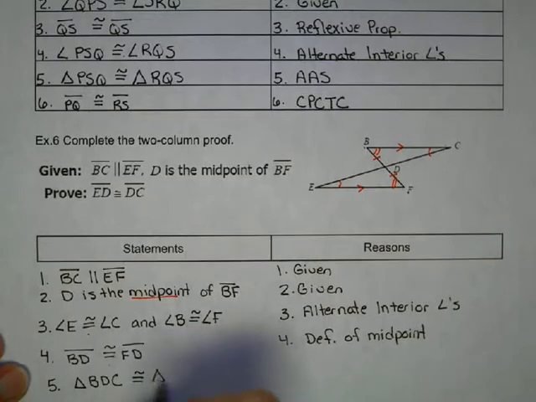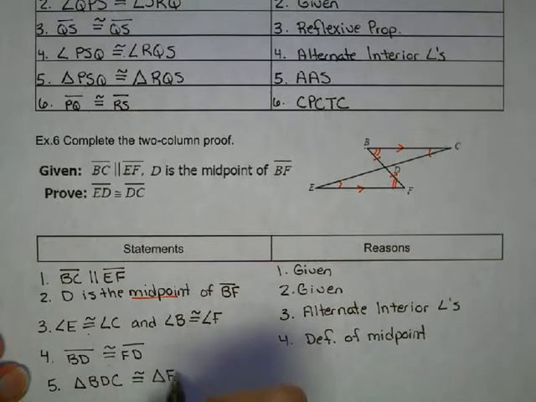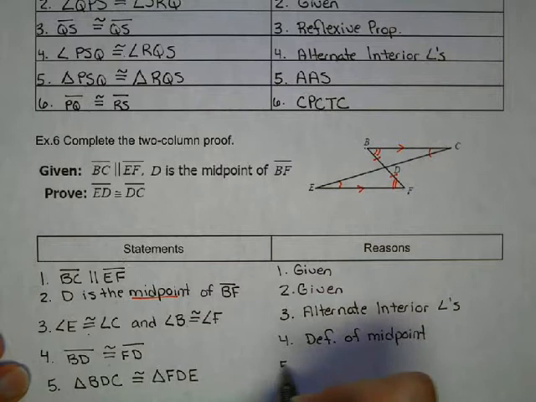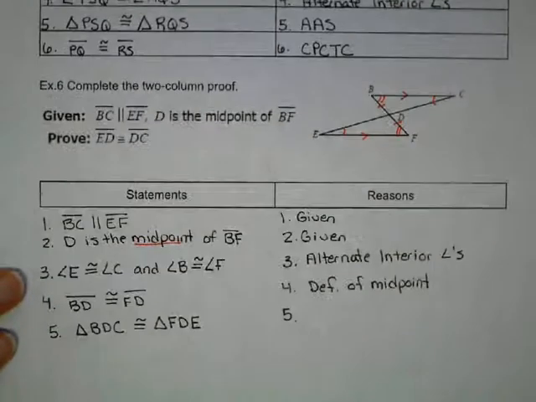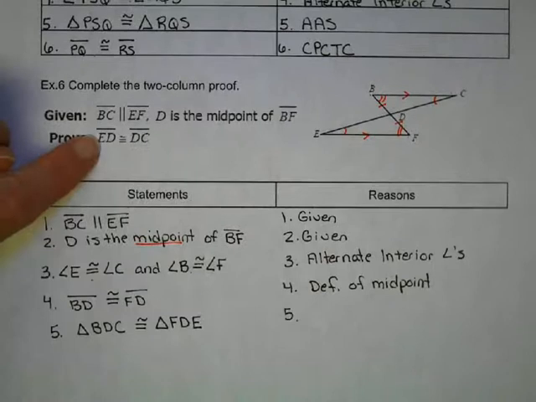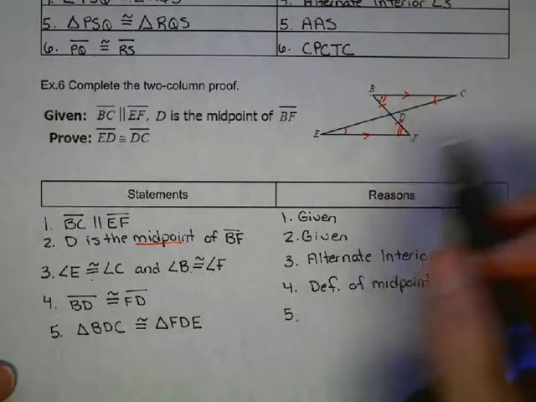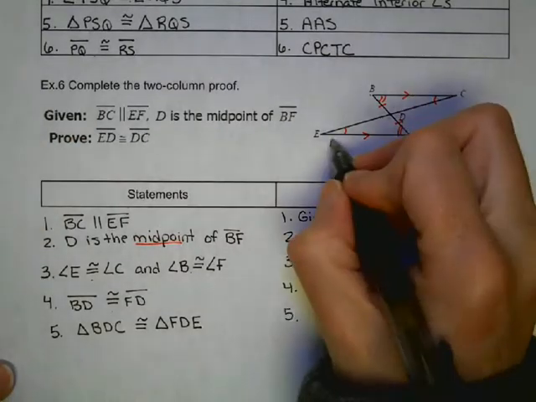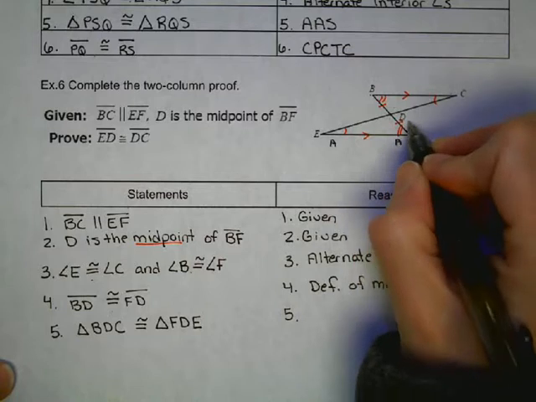So on all these proofs, we're trying to prove the triangles are congruent so that either one, that's the last step they want us to do, or if the triangles are congruent, then we can prove a part is congruent. So let's see. The way I have it marked is I have angle, angle, and then a side. So I'm going to use angle, angle, side.